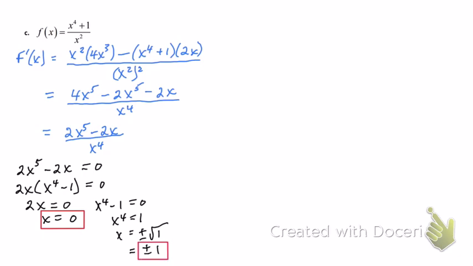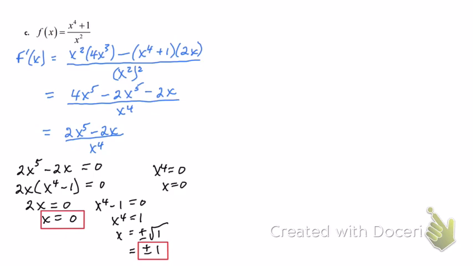Will we leave anything out? The denominator. If x is 0, we got a problem, right? What do you think is going to happen when x is 0?